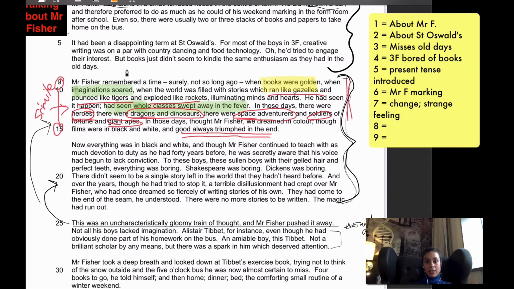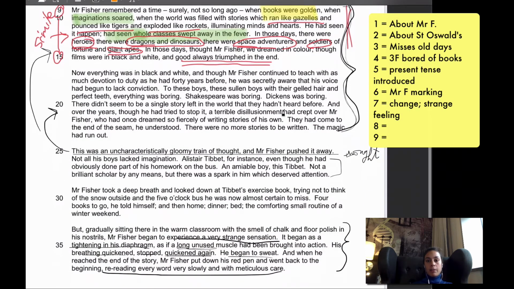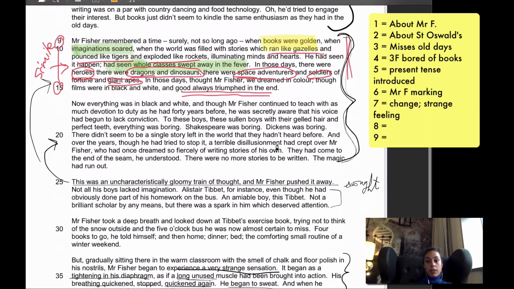Disappointing. Books, they weren't interested in books. He's saying that the boys, this is in paragraph 5, that the boys, they're just not interested. They've seen all the stories. They're bored by Dickens. They're bored by Shakespeare. Everything is boring. Sullen. Sullen means, well, when you're just like, right, can't be bothered.